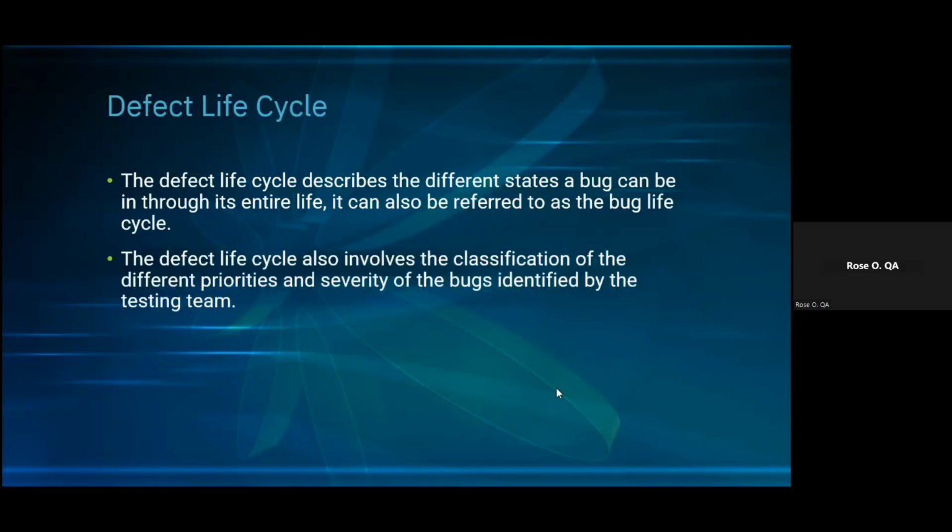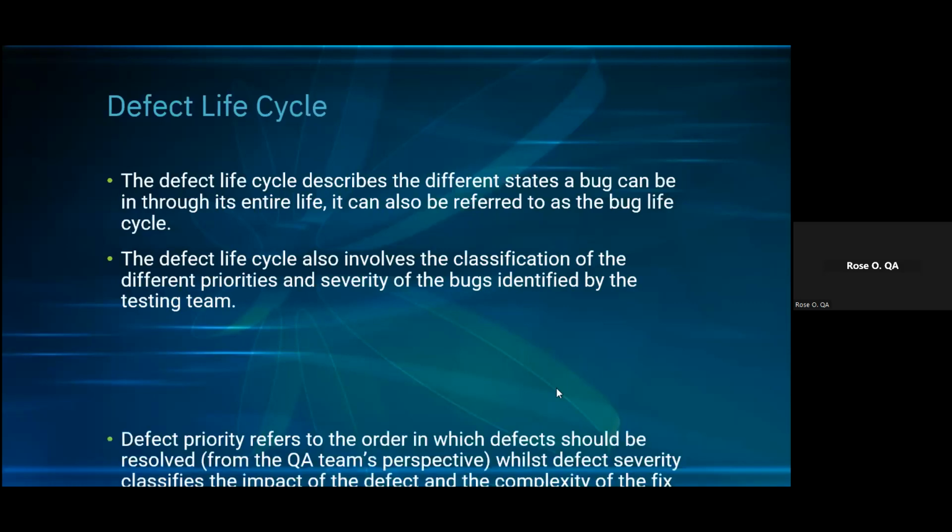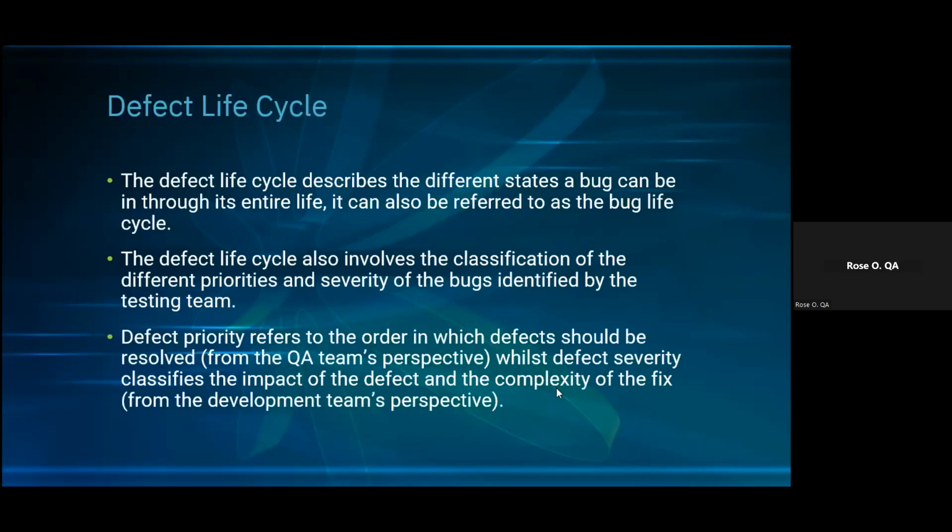The defect life cycle also involves the classification of different priorities and severities of the bugs identified by the testing team. So defect priority refers to the order in which defects should be resolved.